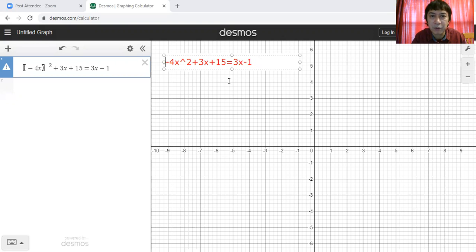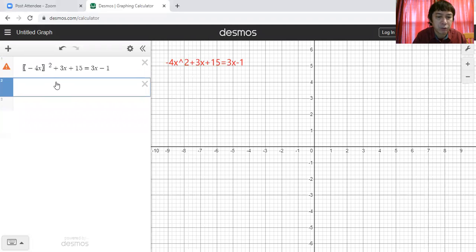All right, what we have here is the one variable equation. You can only see x, and this means negative 4x squared plus 3x plus 15 equals 3x minus 1. So we're going to do a graphing solution here. We will set one equation, y equals the left side there.